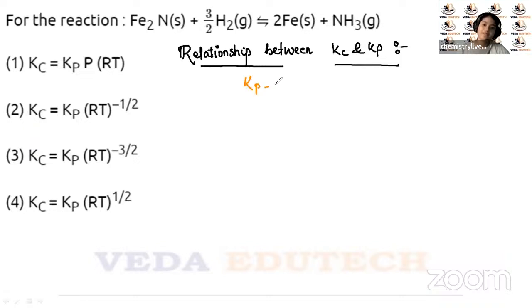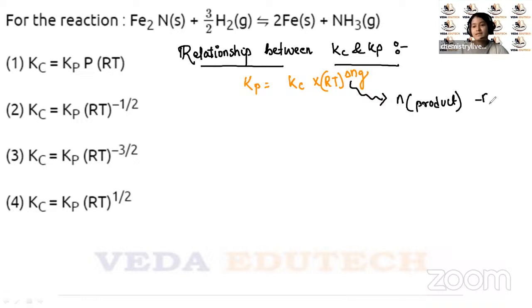Kp is equal to Kc into RT to the power Δng, that is the difference in the number of moles. This is the number of moles of gaseous product minus the number of moles of gaseous reactant.